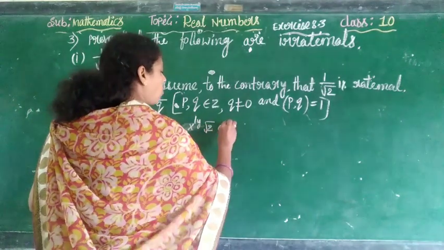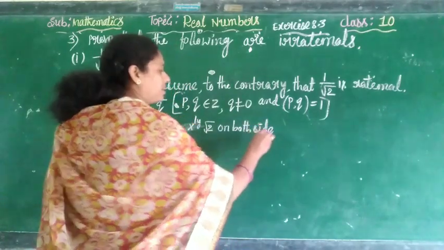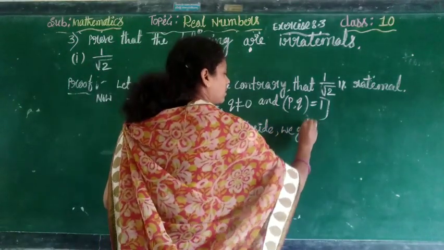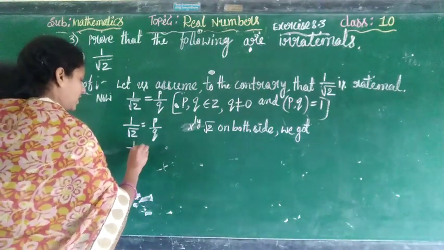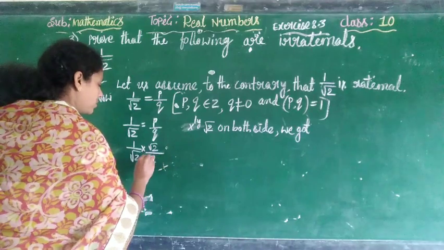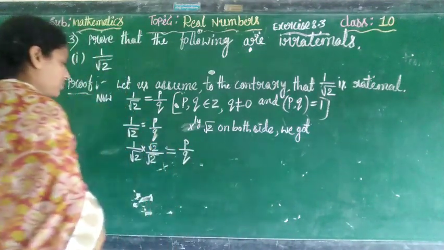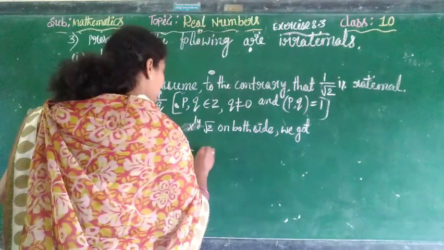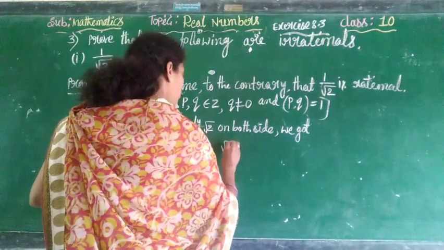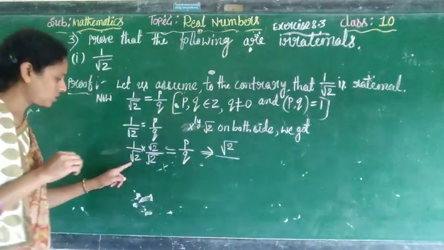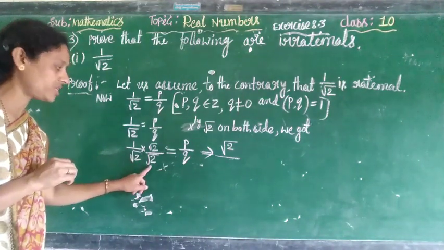We get 1 by root 2 into root 2 by root 2 is equal to p by q. So root 2 divided by root 2 into root 2. Root 2 into root 2 is 2.